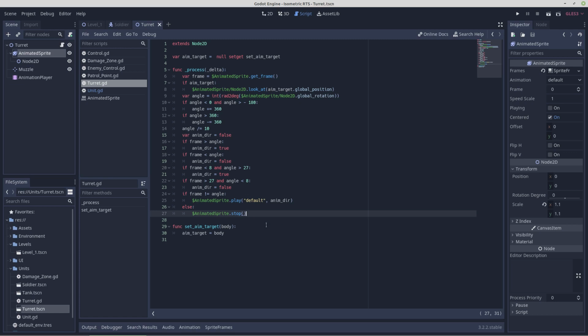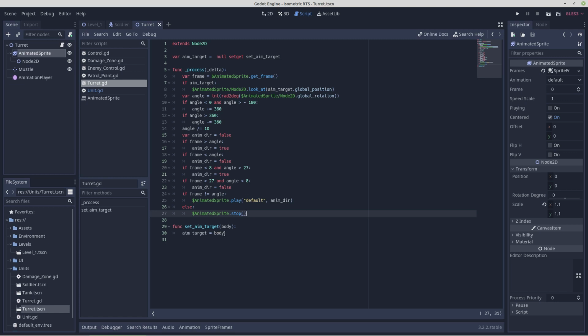Now, how this animation works is the turret is a separate piece that's attached to the tank. So it receives its target from the tank. And the target is the body of the intruding enemy. So in the demonstration that I gave, it's the soldier character intruding on the tank's vision radius.